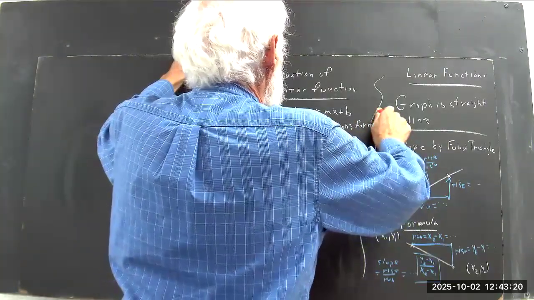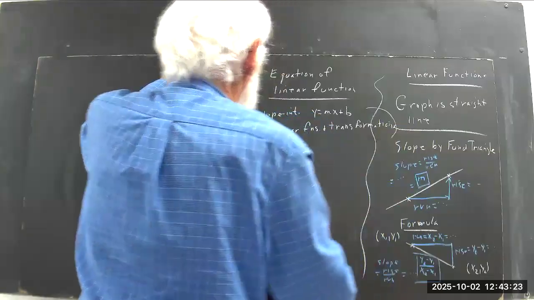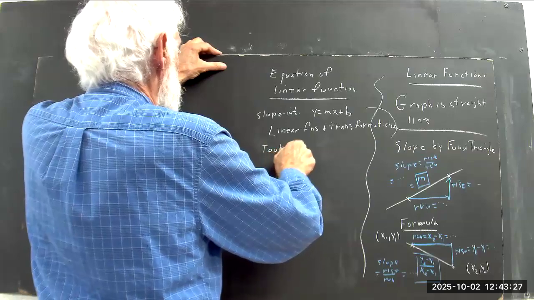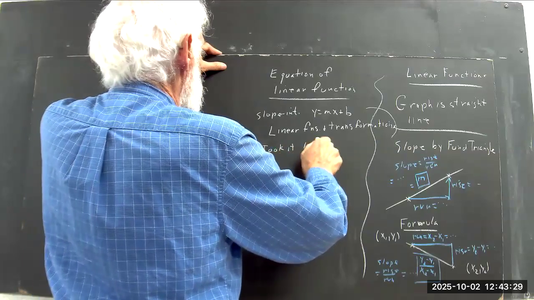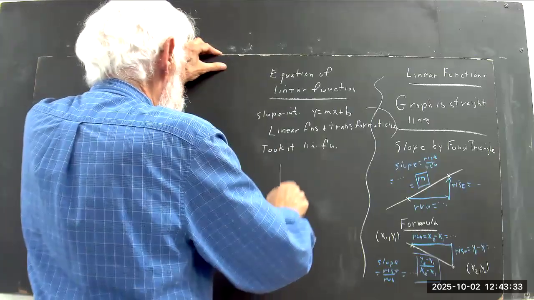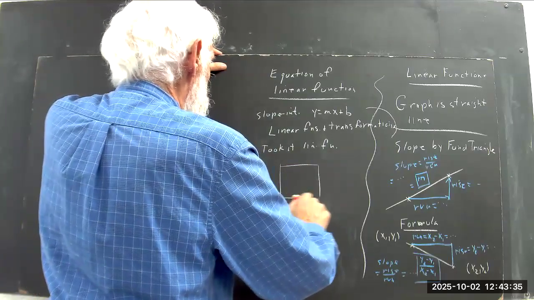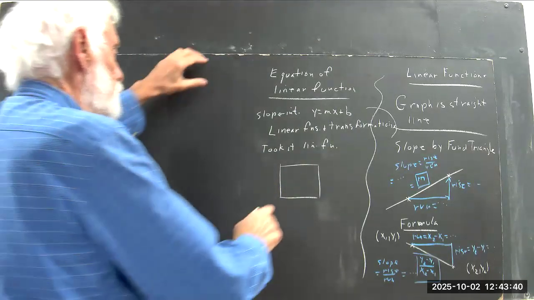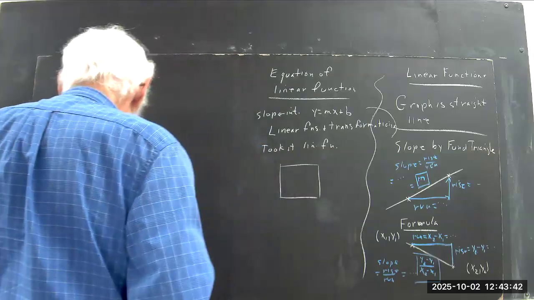You've got to see stuff related to linear functions and transformations. Toolkit linear function. You've got a window. You've got the red dot.